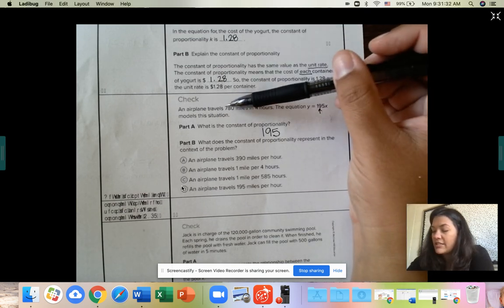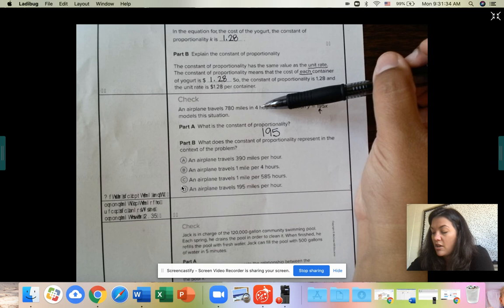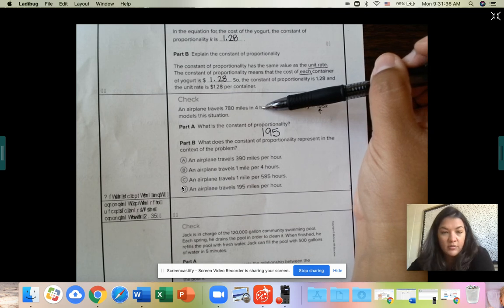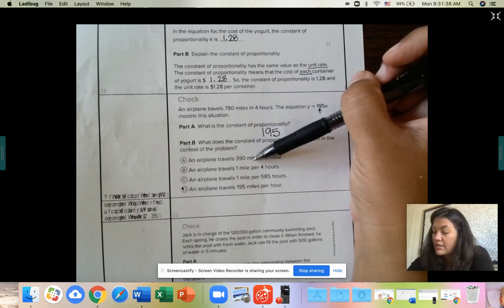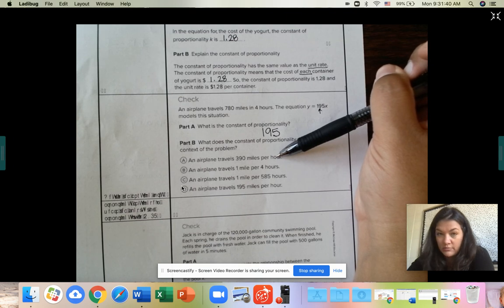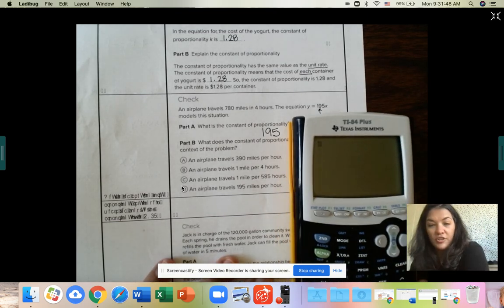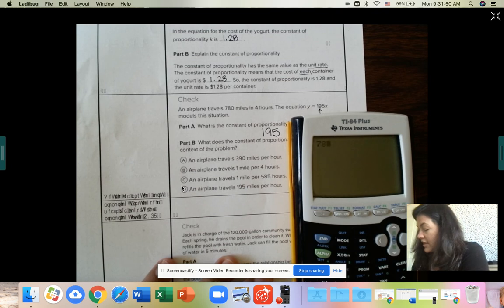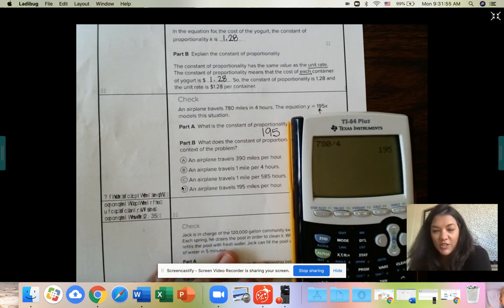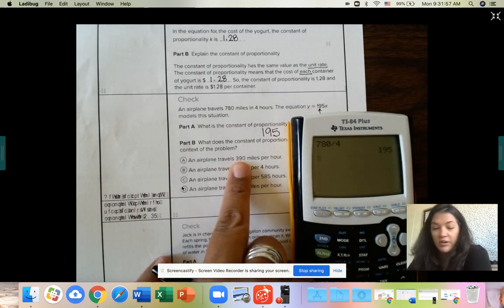It's 780 miles in 4 hours, so 390 miles per hour. Does that even make sense? Well, if I take my calculator, let me grab mine, and I found the unit rate, 780 divided by 4, well, that's 195. That's our constant of proportionality. They're not going 390 miles per hour.